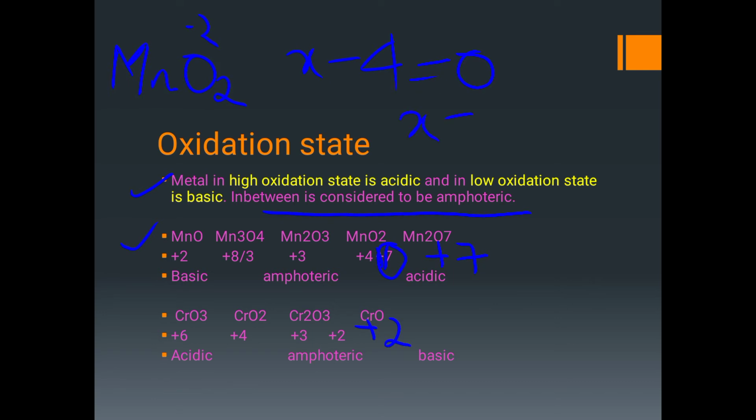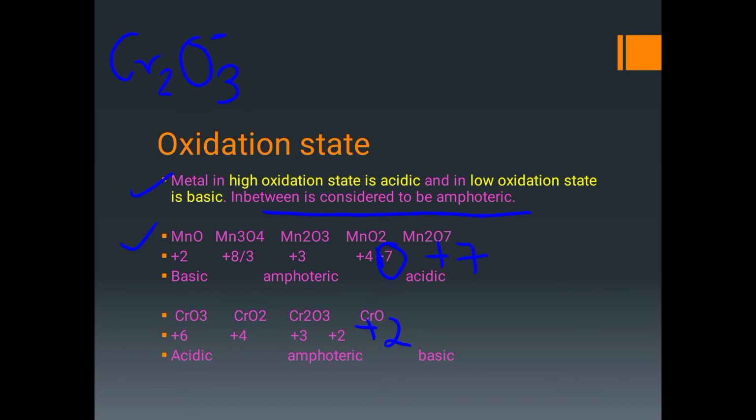So your X is +4. So the oxidation state of Mn in MnO2 is +4. Moving ahead, I will show you one more. Let me find it out for Cr2O3.